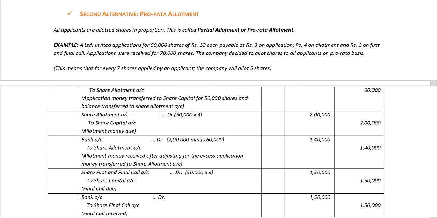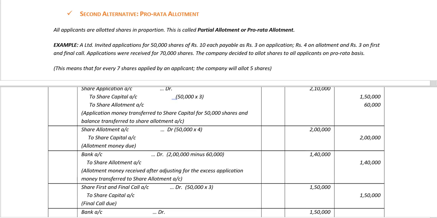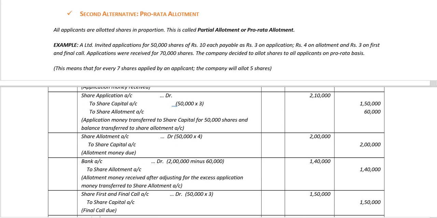Let's make the allotment due: share allotment account debit to share capital account. On 50,000 shares at the rate of rupees 4 per share comes up to rupees 2 lakh. Now, on receipt of allotment money, the journal entry: bank account debit to share allotment account, the amount due, which is rupees 2 lakh, minus the amount which was transferred from application to allotment in the second entry, 60,000 rupees.